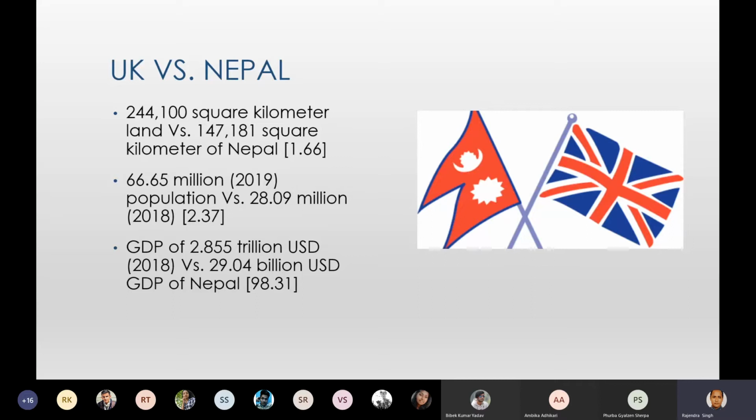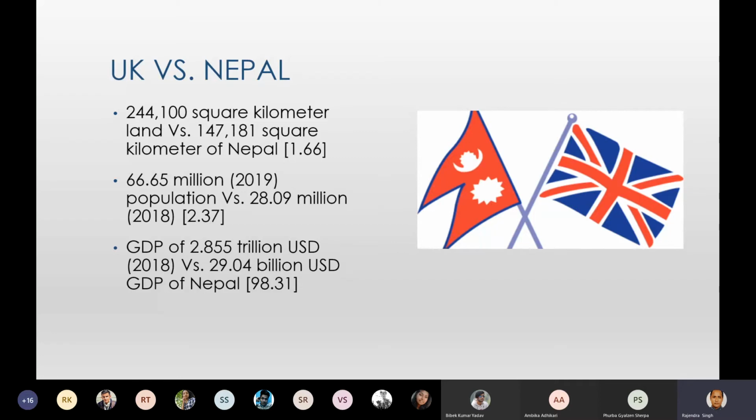All right. So the main difference would be the GDP, or gross domestic product. The GDP of the United Kingdom is 2.855 trillion US dollars. This was from the data from 2018. And I think the data for Nepal was from 2019.